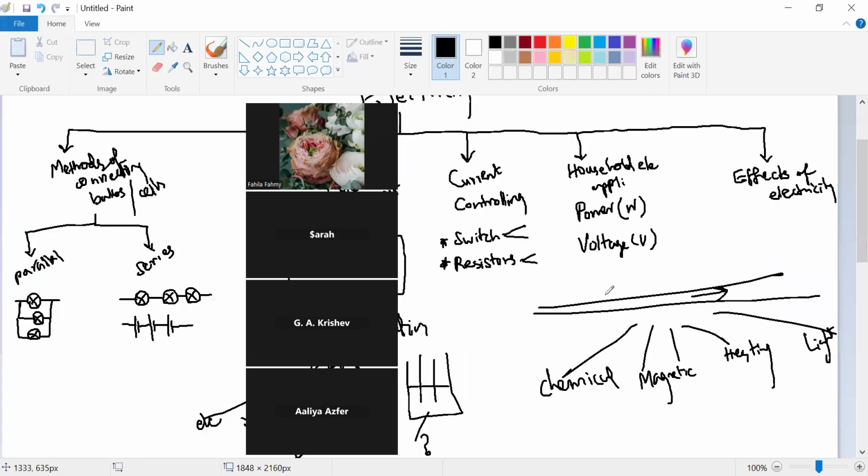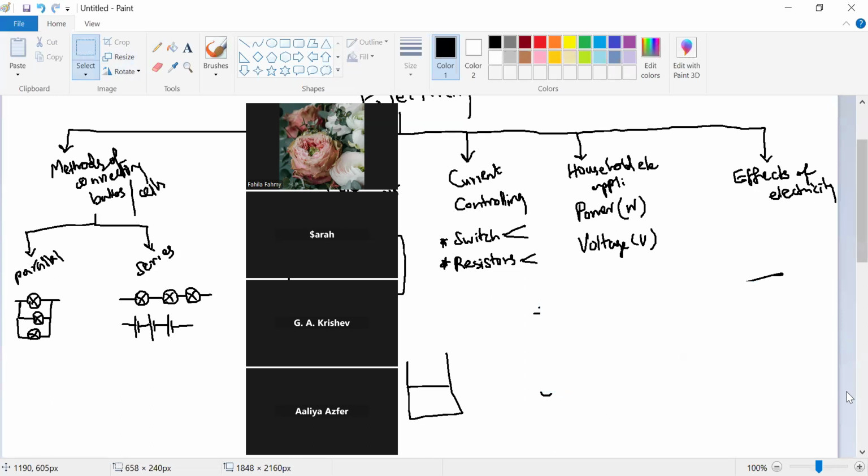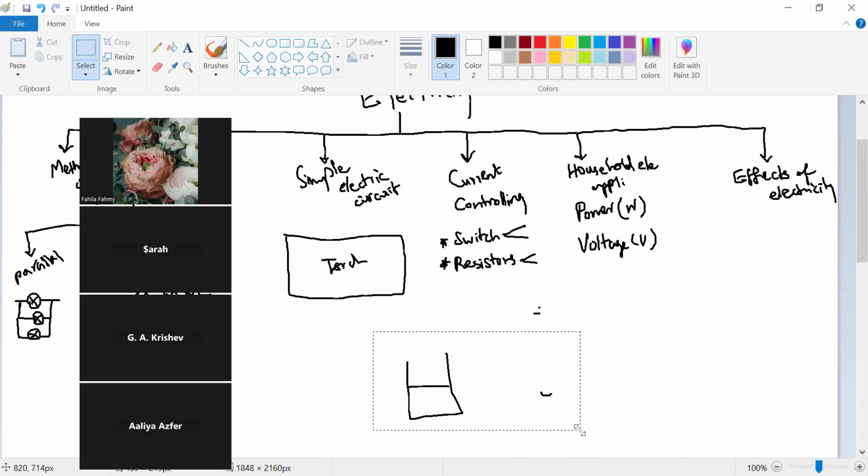So I'm going to get rid of my sketchings here, and then I'm going to write it properly. So Puta, how many effects do we have?